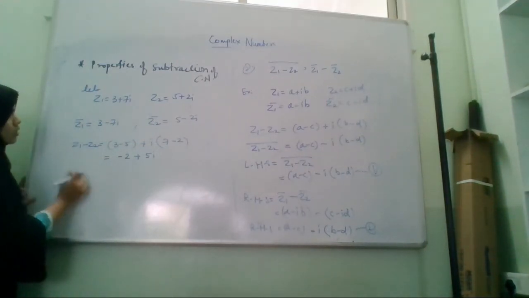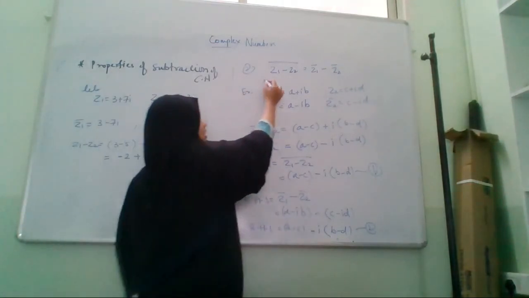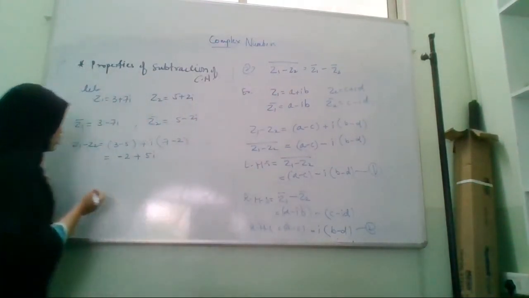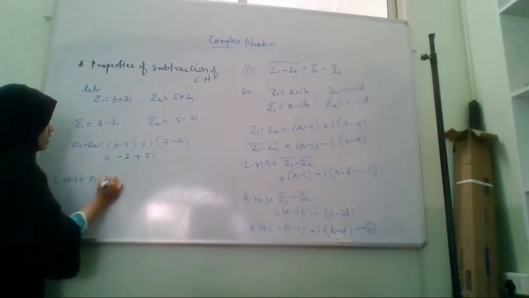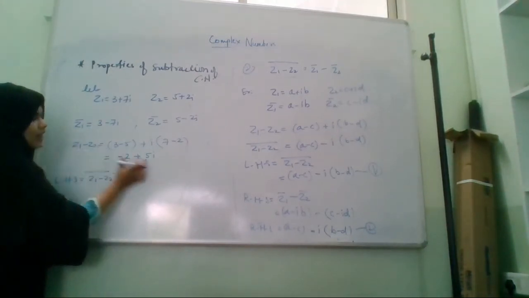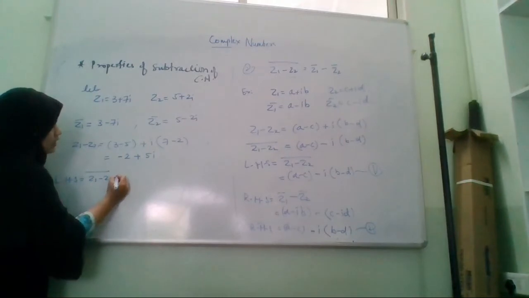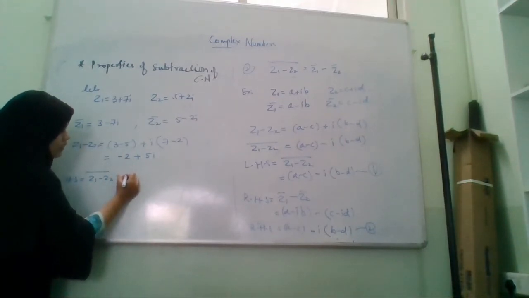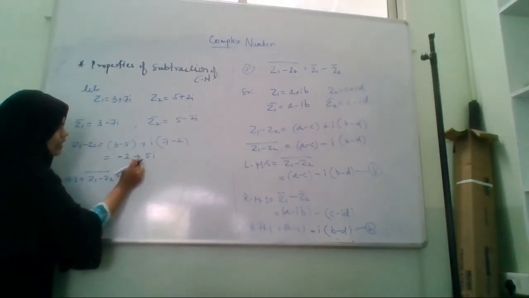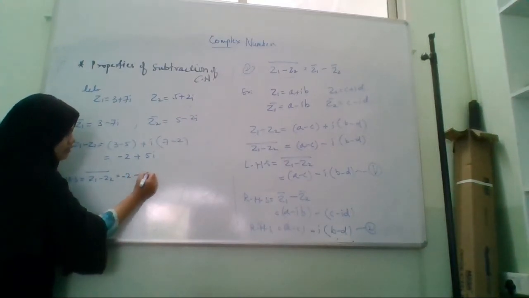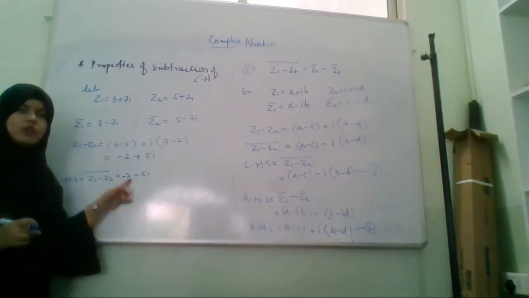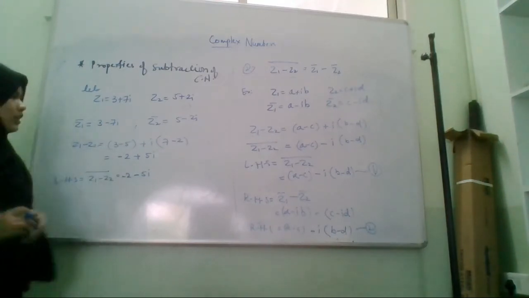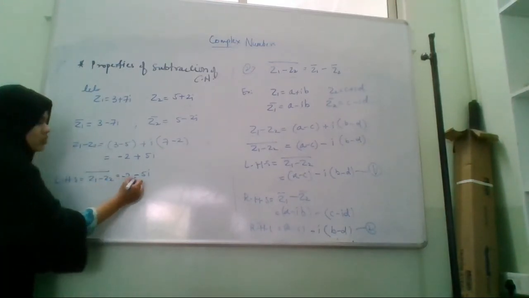Your LHS is (Z1 minus Z2) whole conjugate, so we have to take the conjugate of this. It will be minus 2 only; the sign of the imaginary part will change. Don't change the sign of the real part. You just have to change the sign of the imaginary part. So this is minus 2 minus 5i.